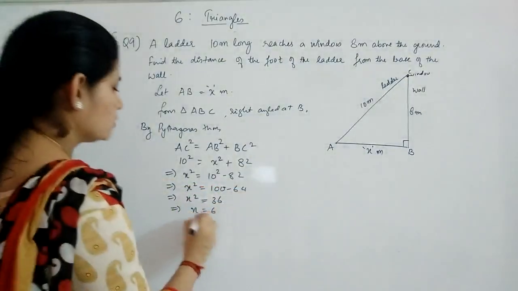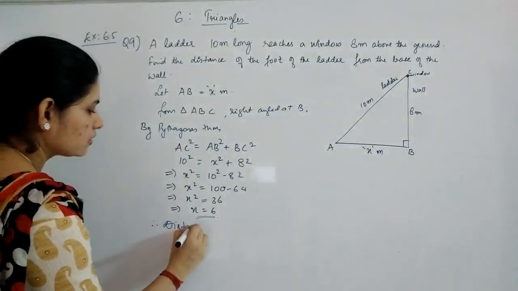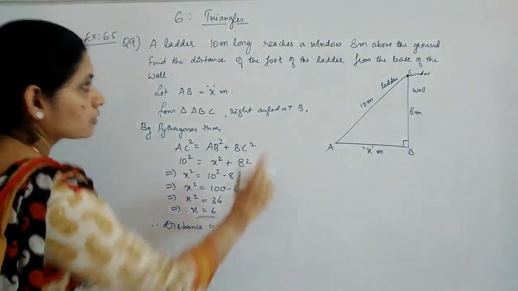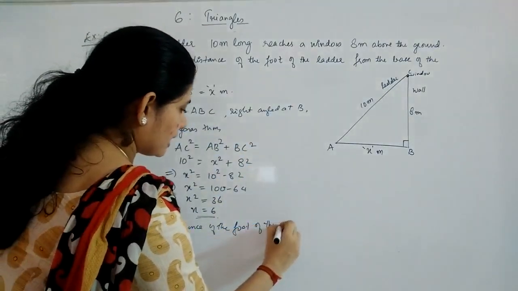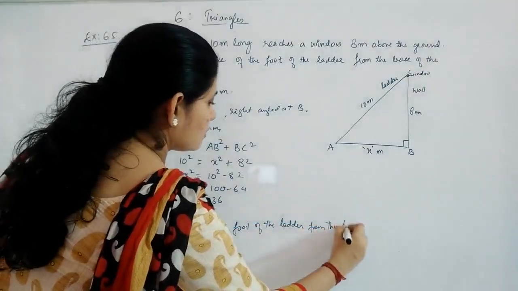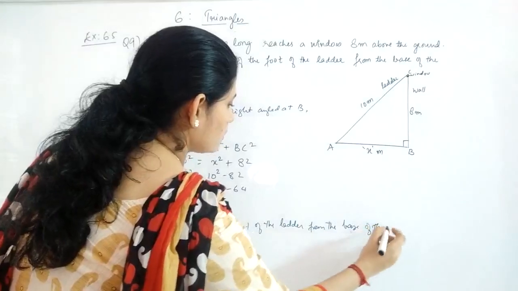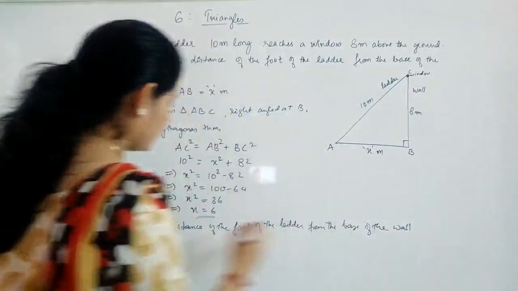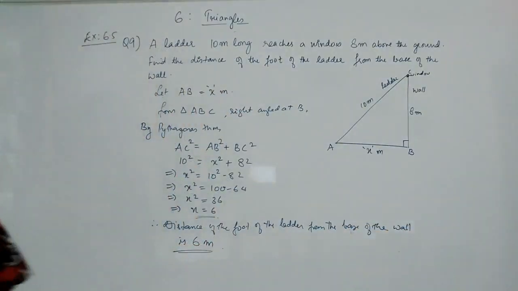So the distance of the foot of the ladder from the base of the wall is 6 meters.